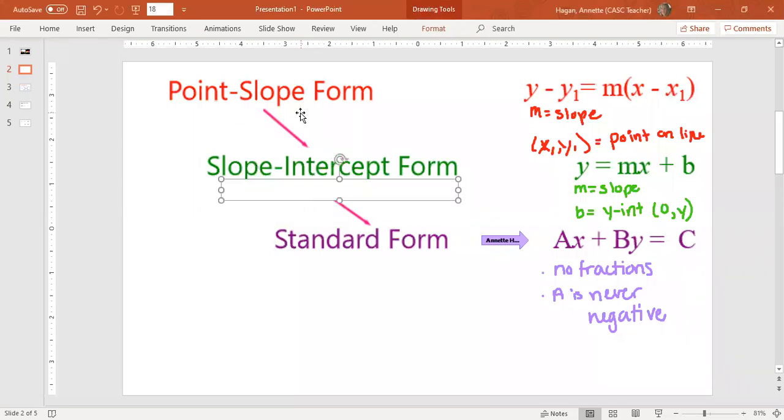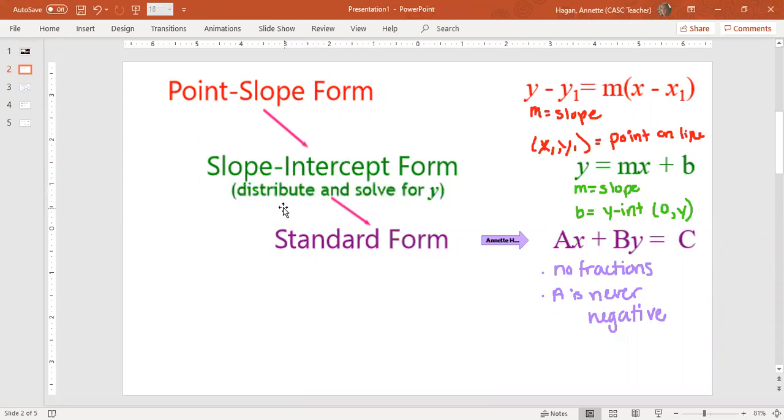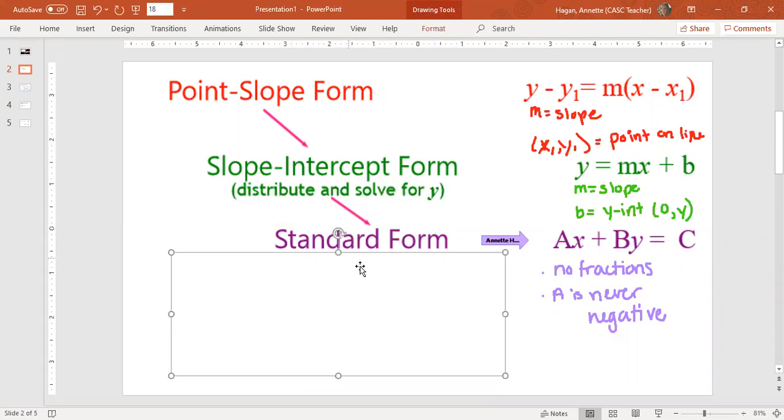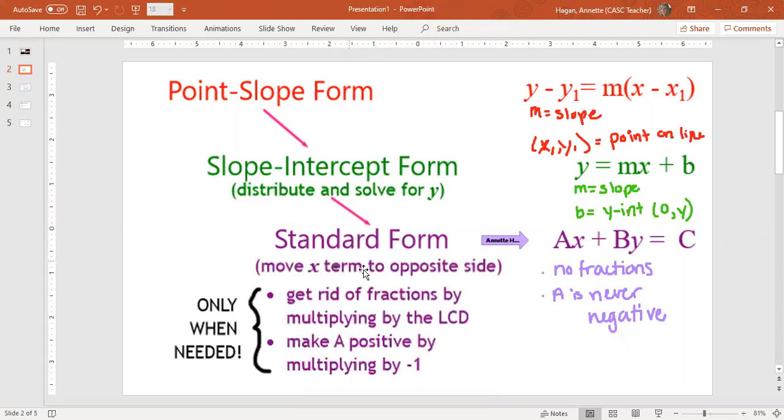If we get something in point slope, it's very, very easy to change to slope intercept. All you have to do is distribute and solve for y. If we can get it in slope intercept form, it's very easy to go to standard form. You're going to move x to the opposite side, get rid of fractions by multiplying by the least common denominator, and then always make A positive by multiplying by -1. And these are only when needed, and we'll talk about those in a second.